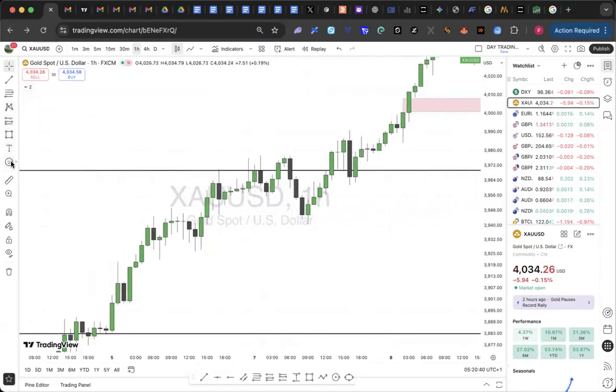So what do you want to do? On 1 hour, I'd like to just use 1 hour to simplify the whole thing. So what you do is look at this 1 hour candle and box it. Are you following? You box it to mark the high and the low of that candle. Please understand, this is the first candle, which is this.